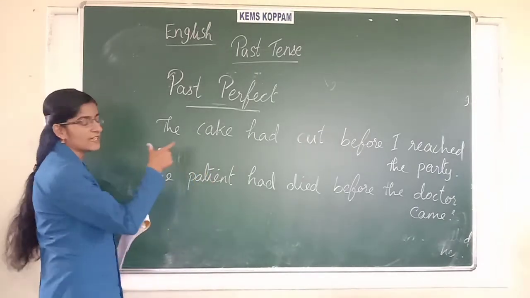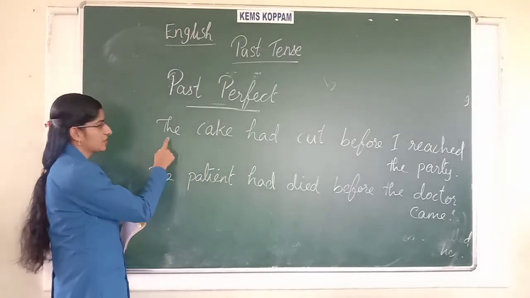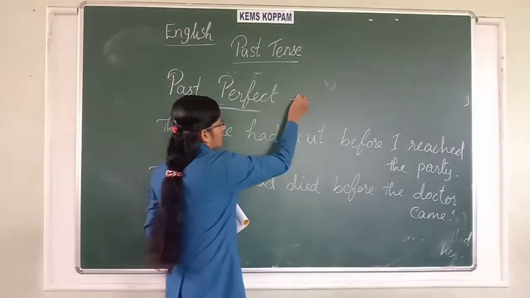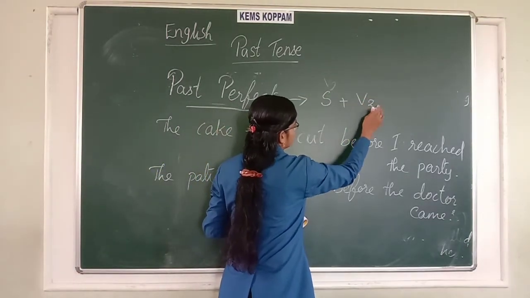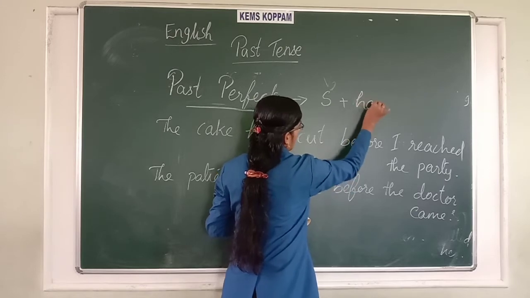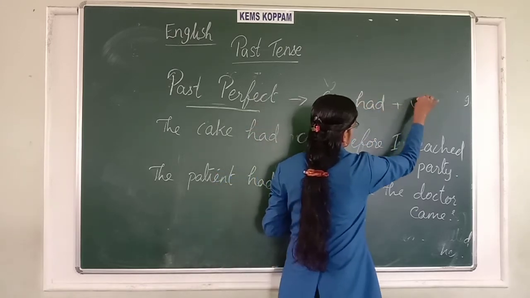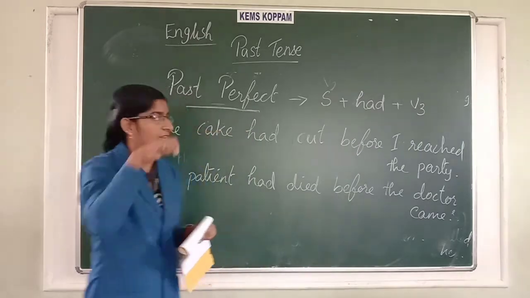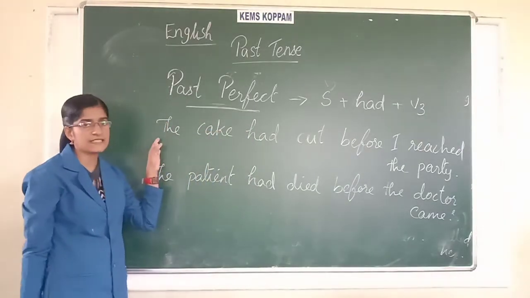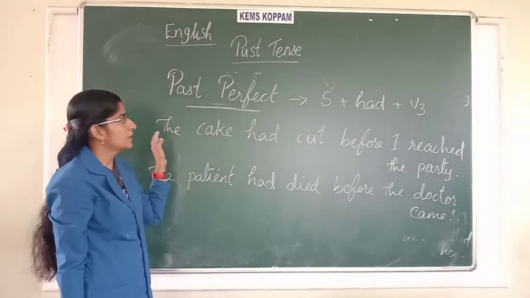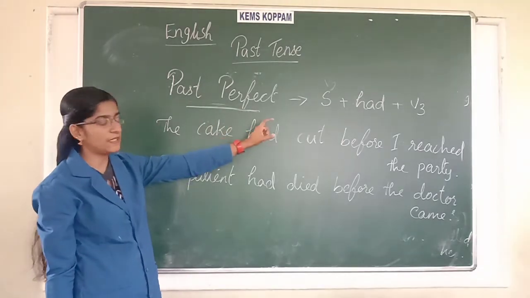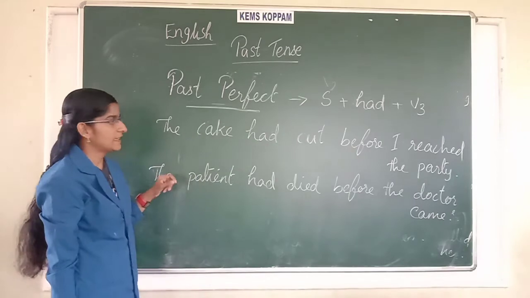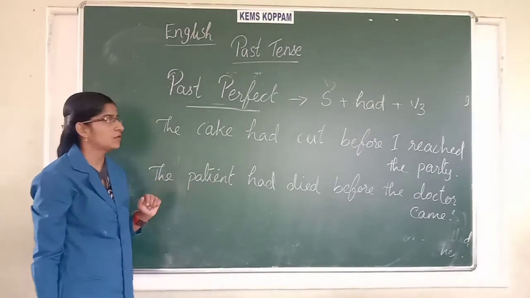So here, what is the sentence structure? Subject plus had plus V3. Okay, we can say this is the equivalent of present perfect. Okay, past perfect. Subject plus had plus V3, the third form of the verb.